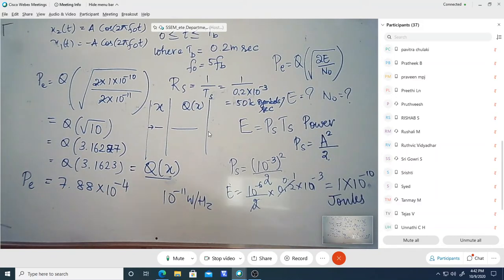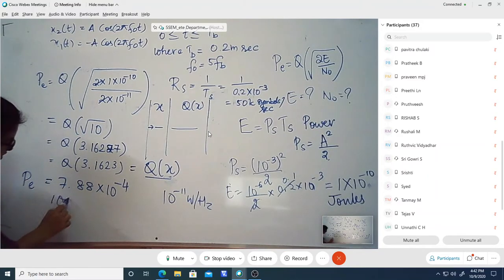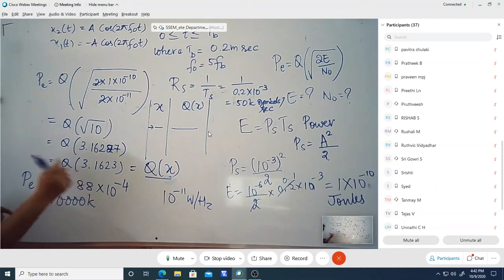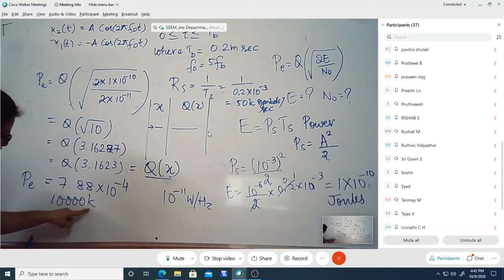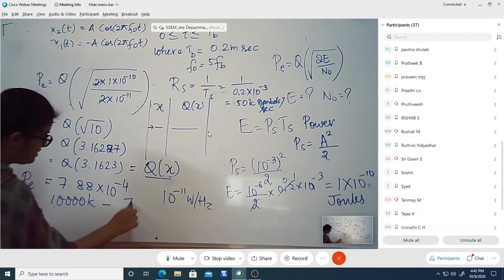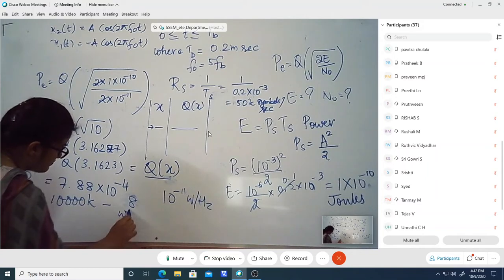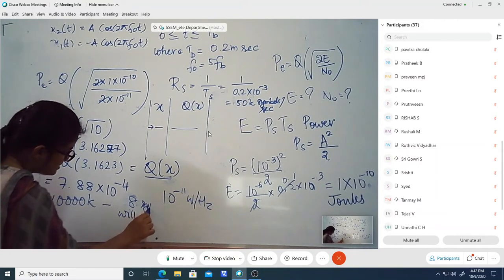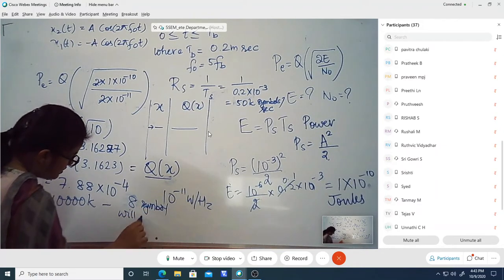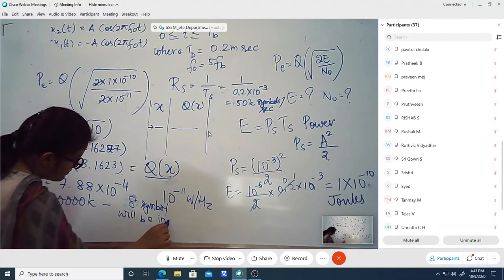That means for the transmission of 10 kilo symbols, 10 raised to 4 is 1 kilo, approximately 8 symbols will be in error.